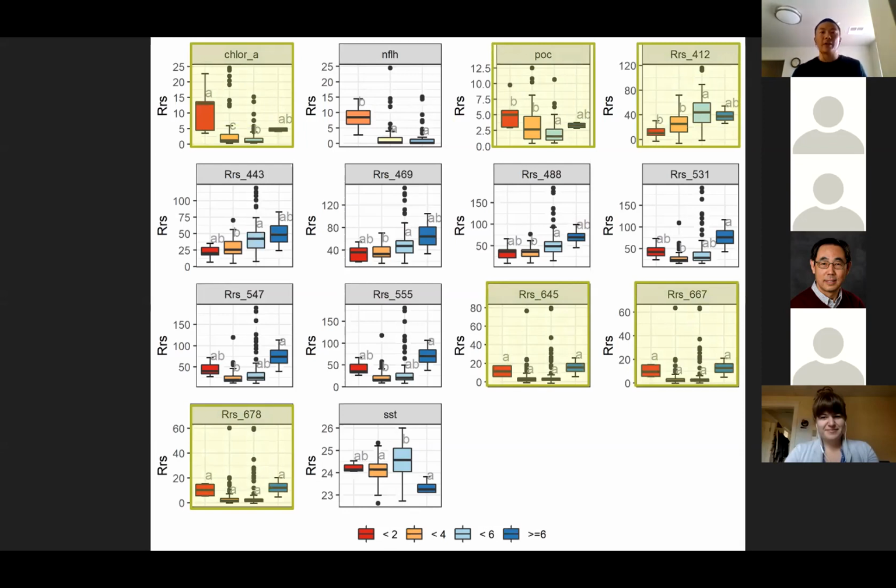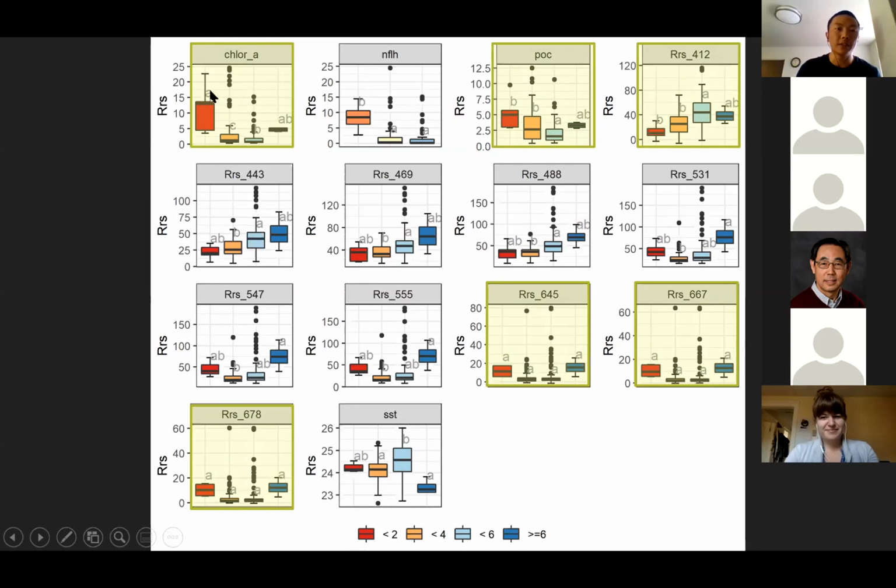So in this figure, we may find that chlorophyll A and POC and several other remote sensing bands are highlighted. Here, the red box means oxygen level below 2 milligrams per liter, which can be an indicator of a dead zone. So here is a significance test.